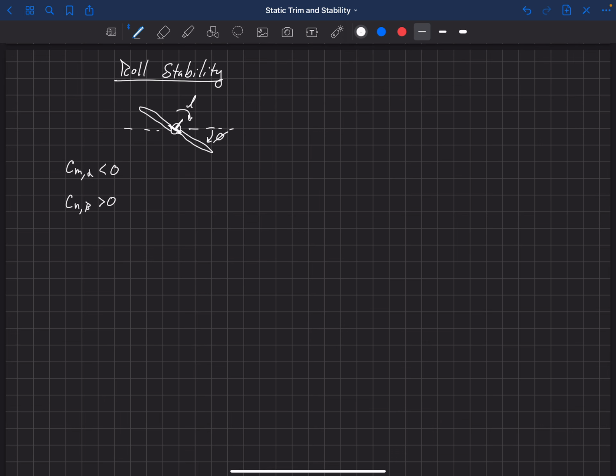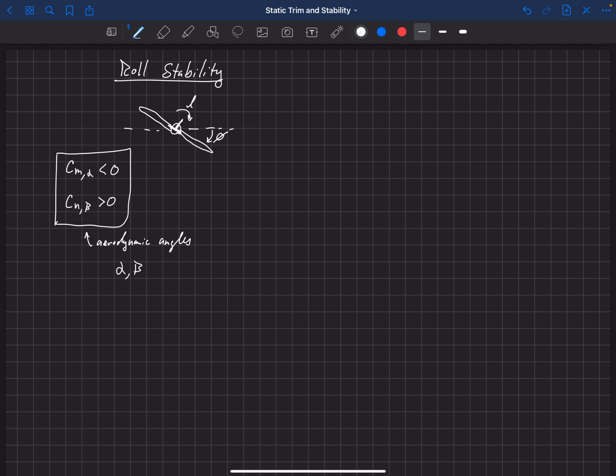We've covered that in previous lectures. But what I want to point out about these two is that they are both dependent on aerodynamic angles. So our aerodynamic angles are alpha and beta, okay?